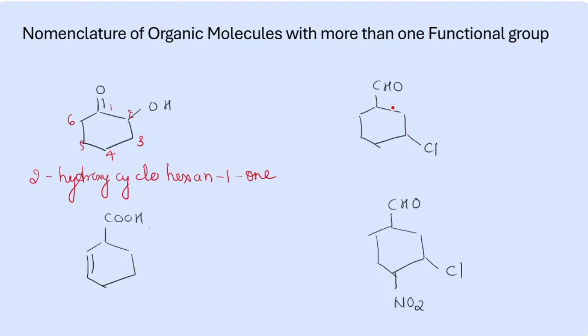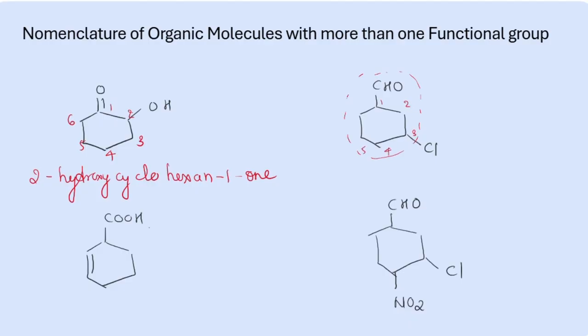For the second molecule, first see here which is the principal functional group. CHO is the functional group. That means what? The overall molecule must be named as cyclohexane carbaldehyde. Then what about the numbering? Should you start numbering from this carbon? No. We always number only the carbons of the cyclic ring.